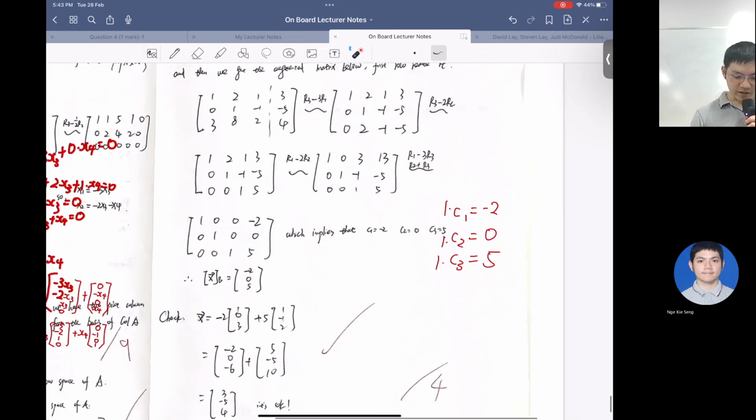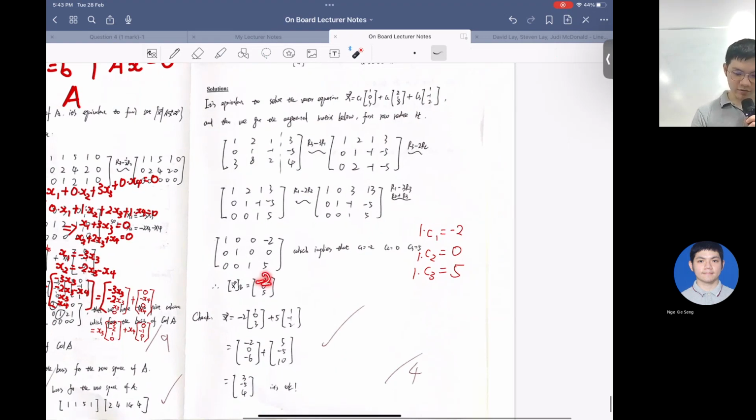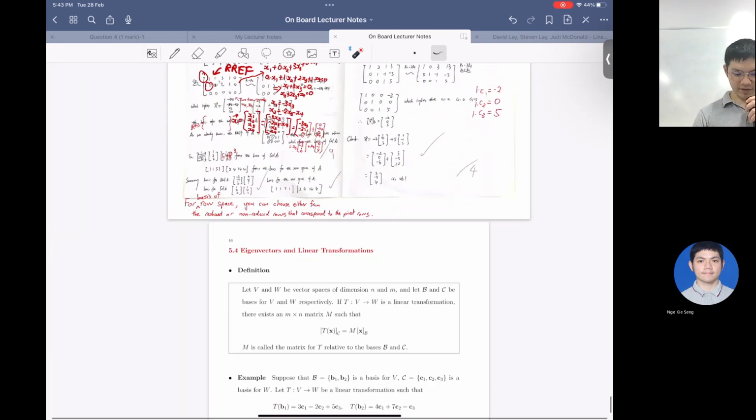Okay, so good practice, check it. Plug -2 into here, 0 into here, 5 into here, and then see when you add up, you get x or not. I think most of you got it right for this question.